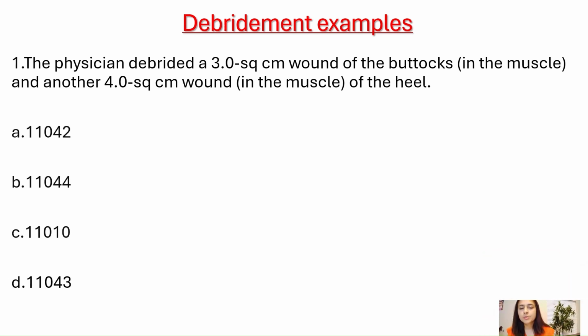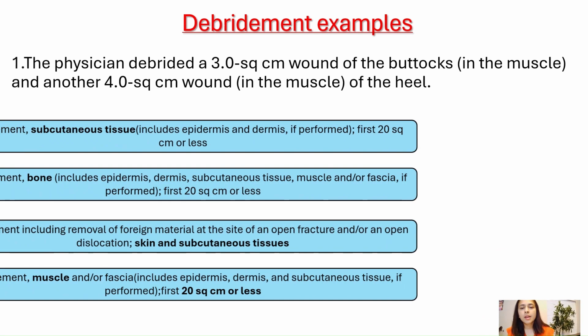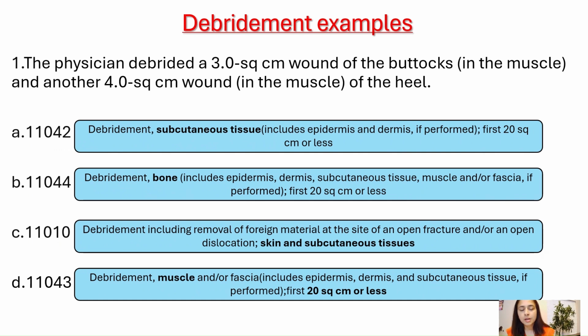So here are the options for this question, and these are the descriptions of the codes. Option A has the description of the subcutaneous tissue, option B has bone, option C has skin and subcutaneous tissue, and option D has muscle.